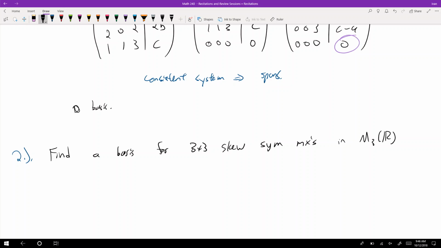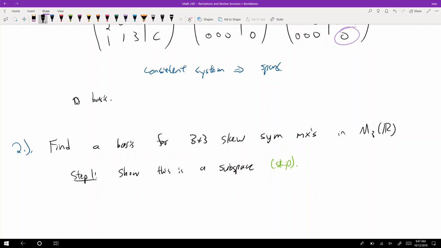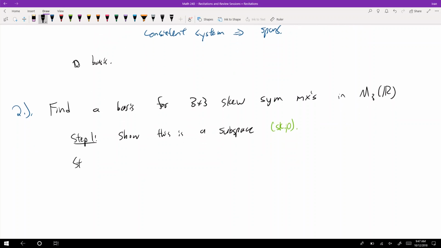So we want to find a basis for the 3x3 skew symmetric matrices. What's step 1? Step 1 is to show that this is a subspace. But that's easy, and you guys have done this before, so we're going to skip it. And sometimes you don't have to show it. It depends on what the problem wording is.